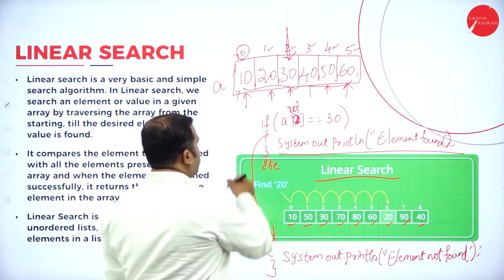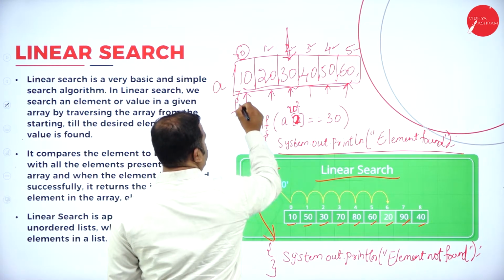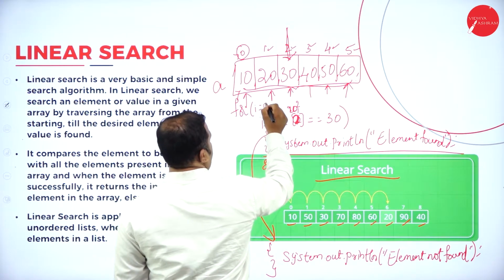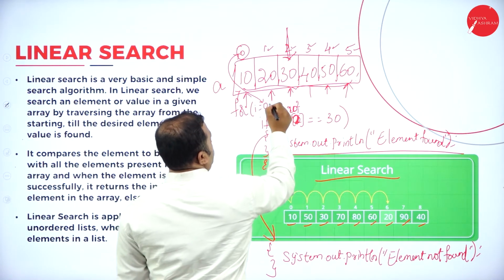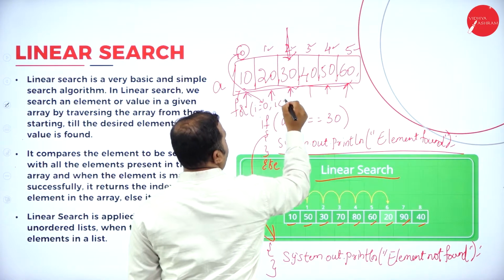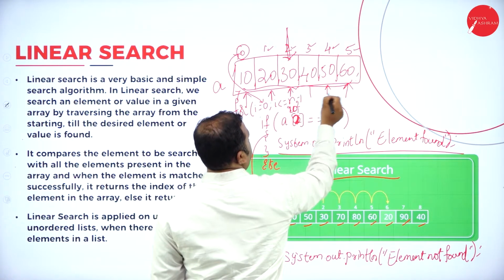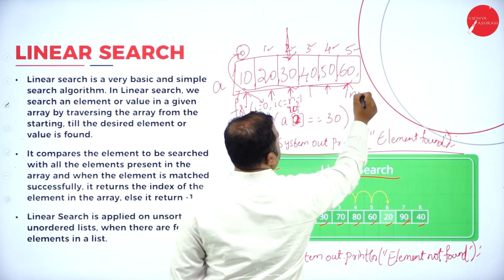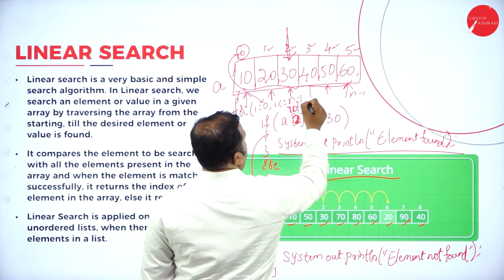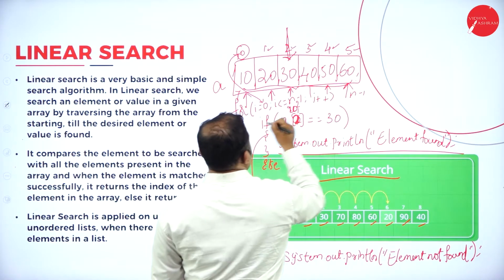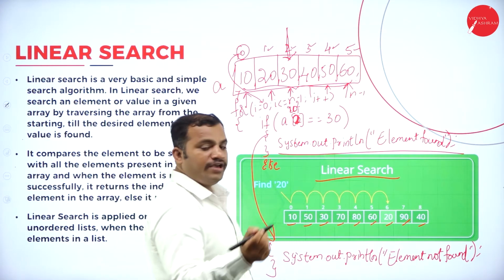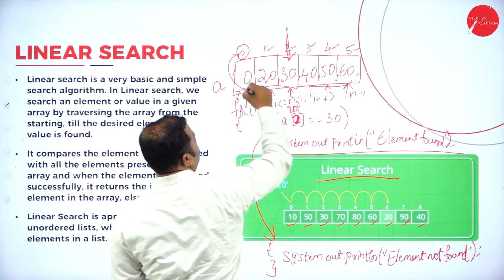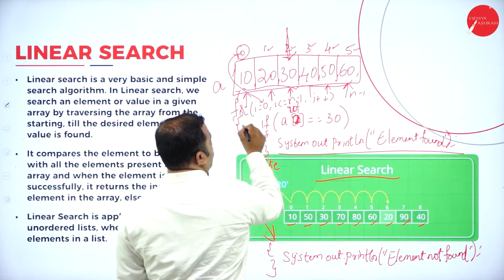So let me have one for loop: for I equal to 0, because it is beginning from here, I less than or equal to n minus 1, because the upper bound is n minus 1, I plus plus. If I do this operation, obviously when the value of I is equal to 0, it enters inside the for loop.